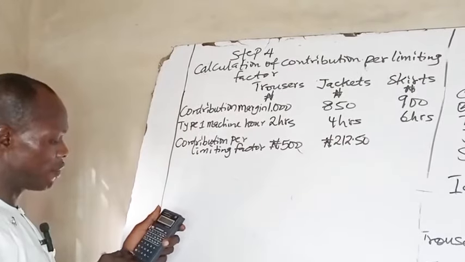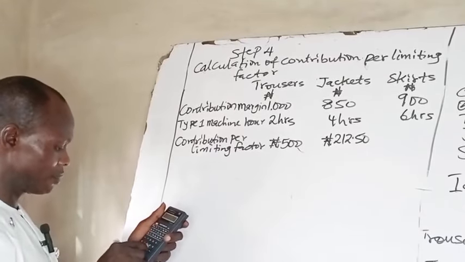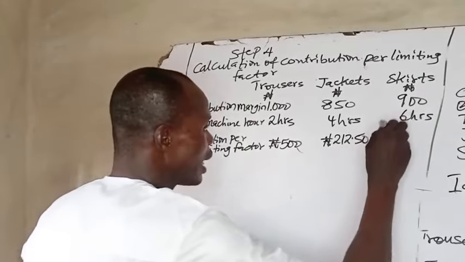Then we have 900 divided by 6, then we have 150 naira.